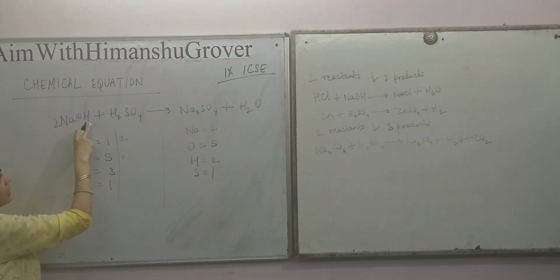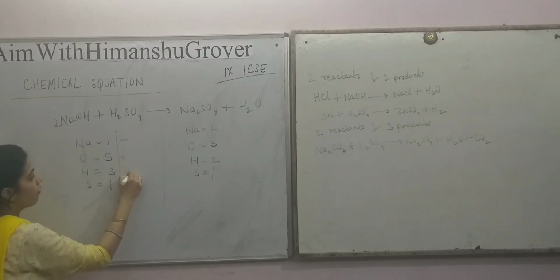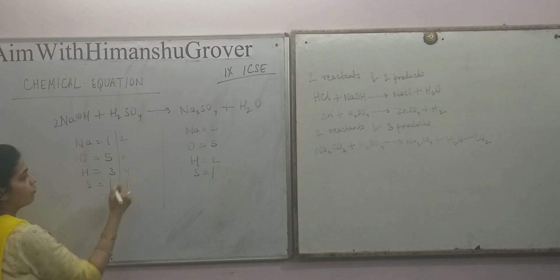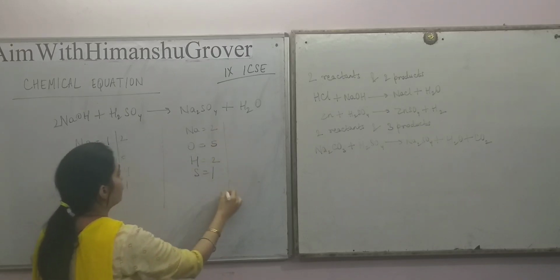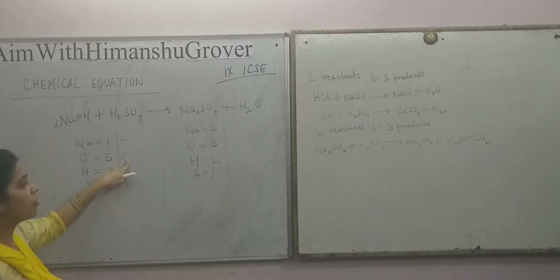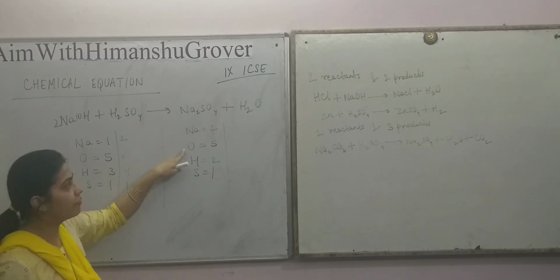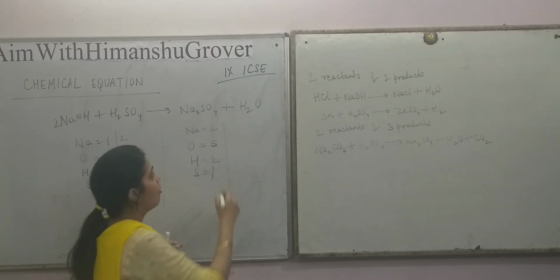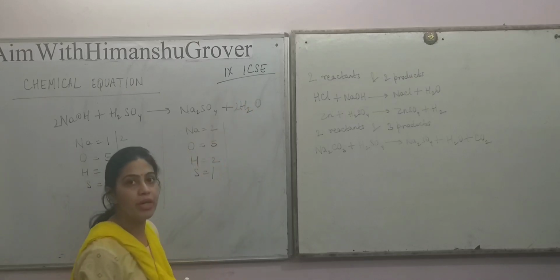Here now hydrogen 2 plus 2, it becomes 4 and sulfur is 1. Now we have to balance oxygen on the product side. Here the number of oxygen atoms is 6, but on the product side it is 5. To make it 6, we must write the number 2 before H2O.